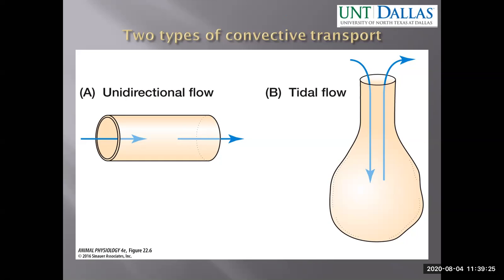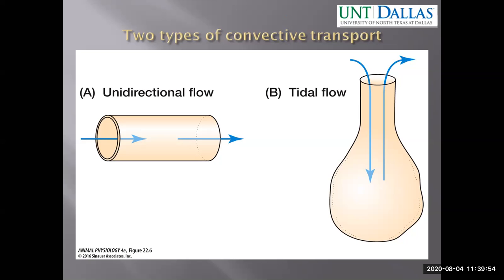we can see how the rate of convective gas transport can be calculated. Let's take as a model the simple case of oxygen transport by the unidirectional flow of a fluid through a tube, as you can see in figure A. The fluid passing through the tube explains the unidirectional flow when there is no exchange of gases across the walls.